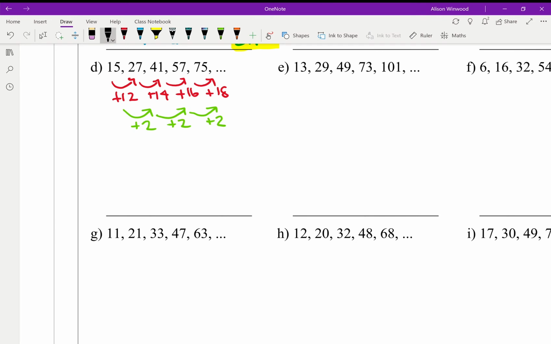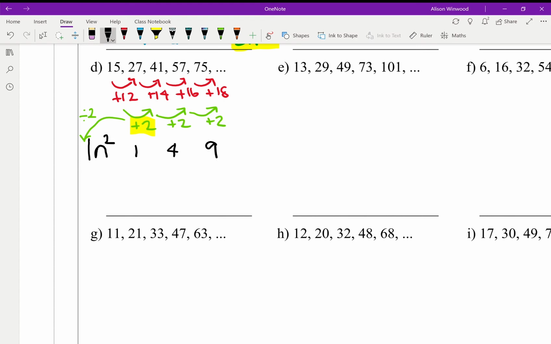We know it's a quadratic, so we know we're going to compare it with the n squared, with the square numbers. But how many? Well, it's going up by 2, and half of 2 is 1. So I'm going to do 1 times the square numbers, which is 1, 4, 9.